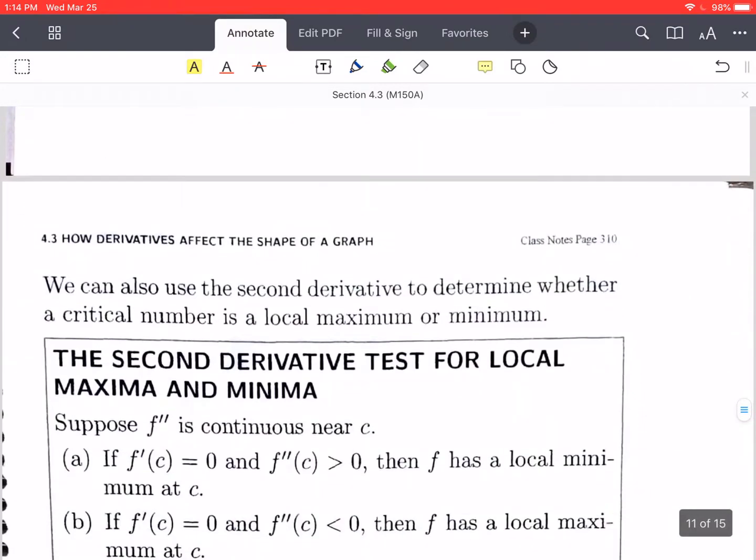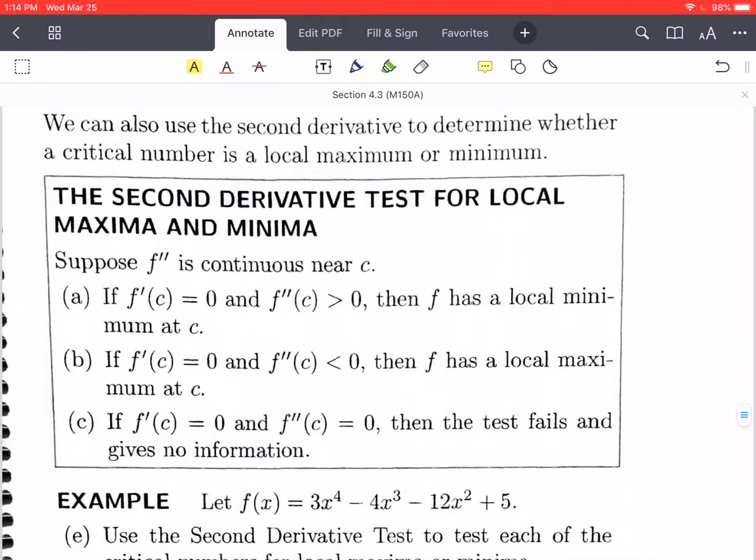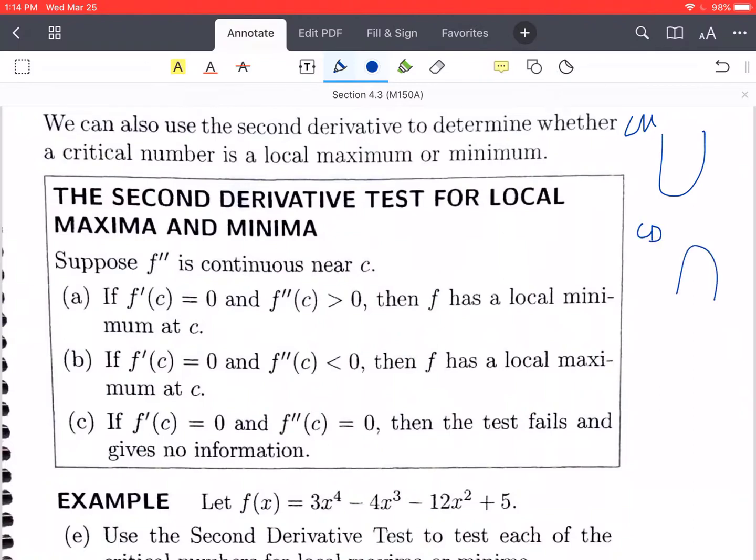Now, how do we use this second derivative to help determine max and min values? If you remember the graphs of the concavity, a concave up graph looks like a U, and concave down looks like that.